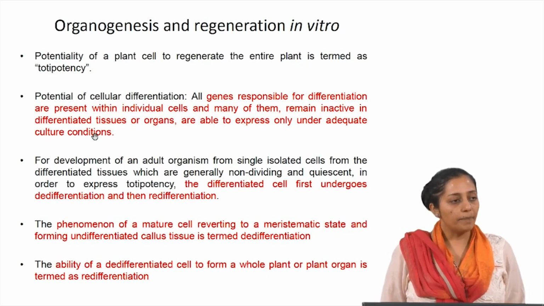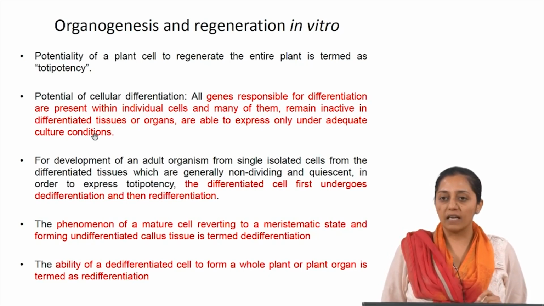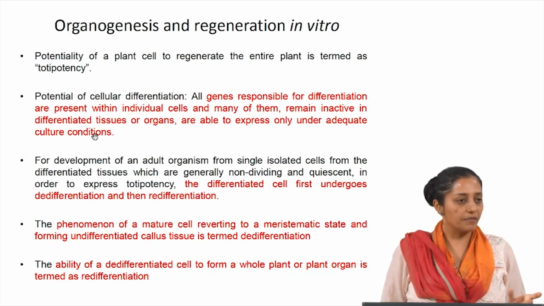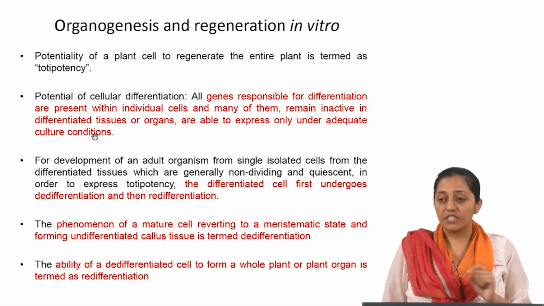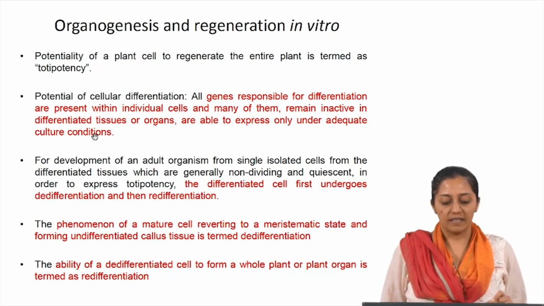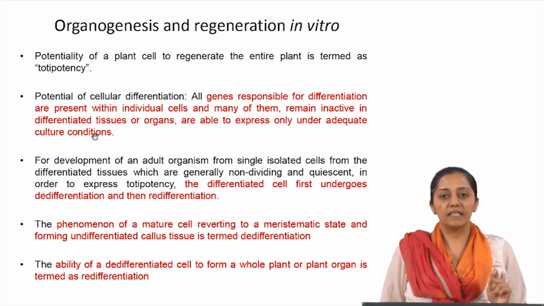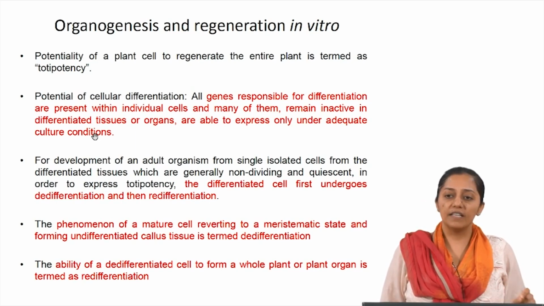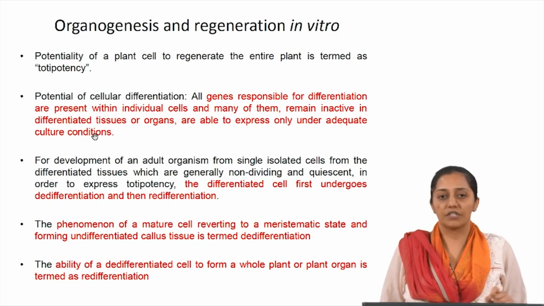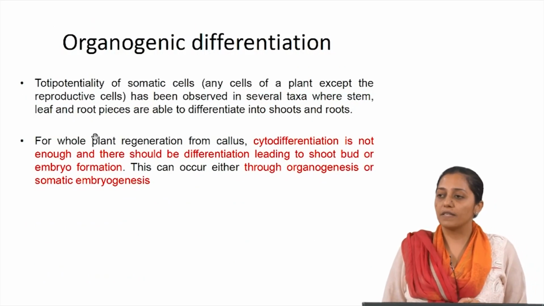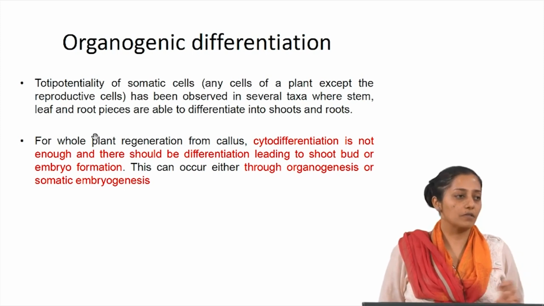Now, for development of an adult organism from single isolated cells from these differentiated tissues, which are generally non-dividing and quiescent cells, the differentiated cell first undergoes de-differentiation and re-differentiation. When I say cytodifferentiation, one is the formation of vascular bundles.